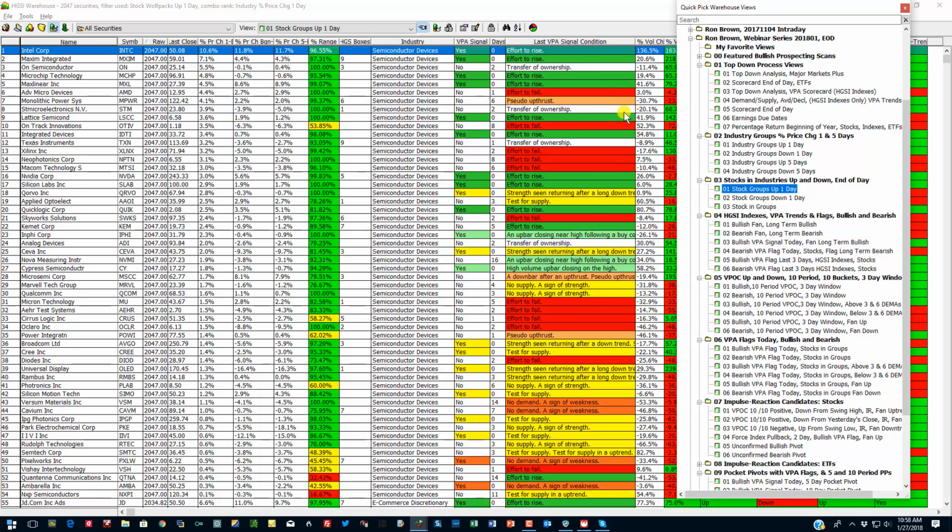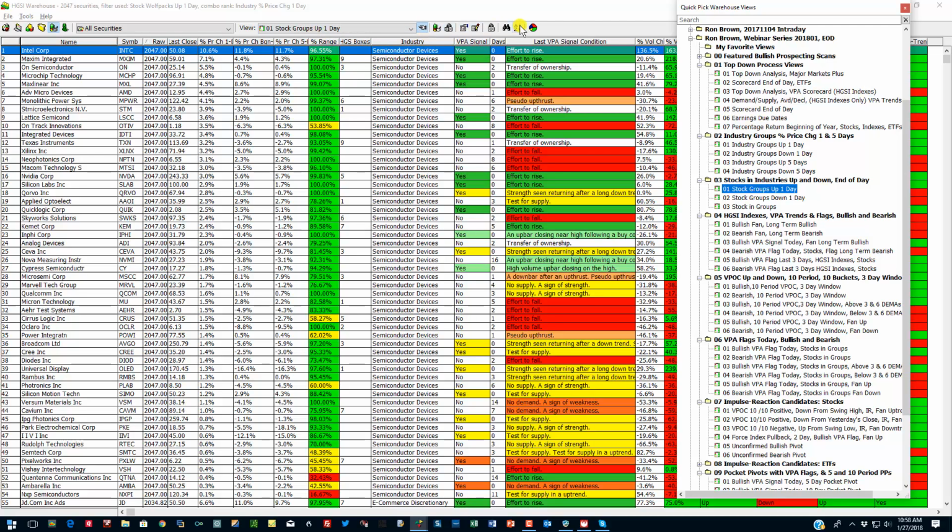Now this is a powerful way to do top-down analysis, because we are looking at the stocks that moved up for the day that were in the groups that moved up for the day. Now this is something that can be done with intraday also if you're using Thinkorswim, and you're getting this information nearly in real time. So here's the sort.